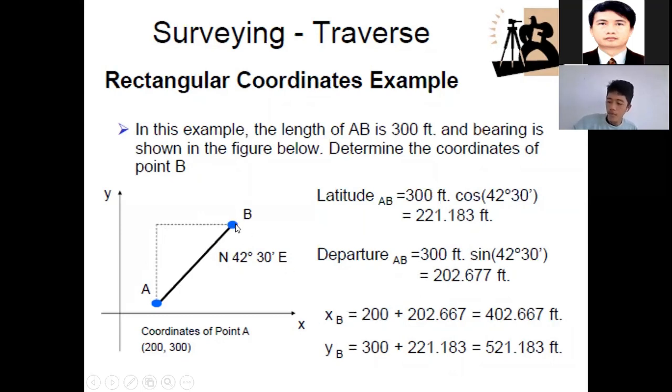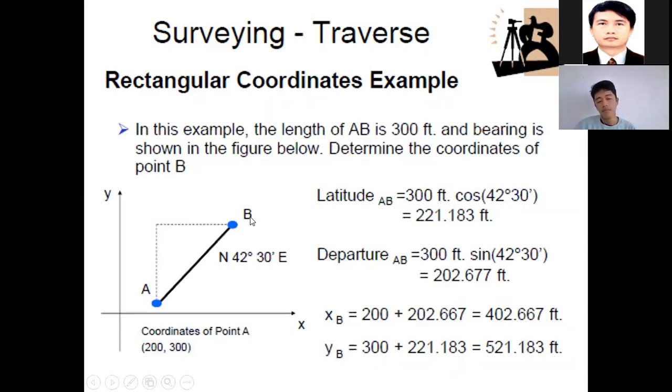Now to determine the x value of this point B, given the x value of point A, we need to add this component, which represents the departure value. So 200 plus the departure value of the line segment AB, 202.667, will give us a value of 402.667.